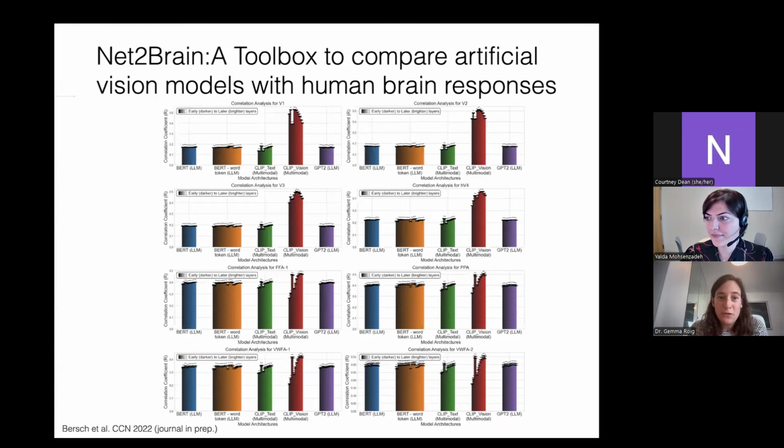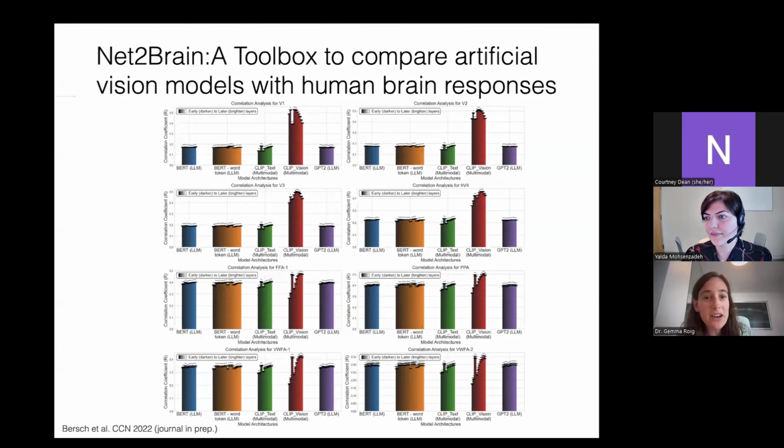And we have functions for parsing this in net-to-brain. BERT with word means that we only take the word of the class, this is a cat or whatever object. And then we also use multimodal models based on CLIP, either the text part or the vision part, and then GPT-2 also for comparison as a language model.